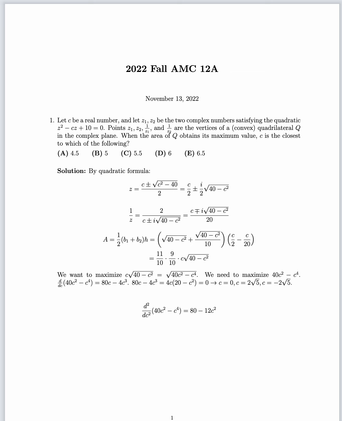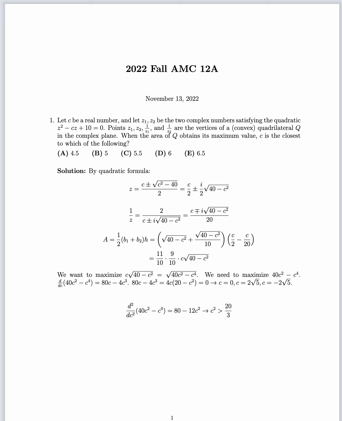Which basically means that if C squared is greater than 20 over 3, then we're going to get a maximum, since if the second derivative is negative, then the critical point is the maximum.